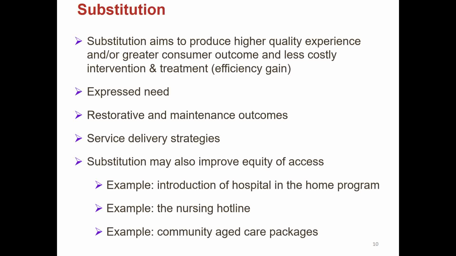An example could be the introduction of a hospital in the home program. So instead of encouraging patients to be hospitalized, we provide services at home. For instance, we provide nursing hotlines, so some patients, instead of going to see a GP or going to the ER, can have some symptoms diagnosed and receive advice, and then self-medication or self-care can be performed to reduce the demand for extra services, such as community aged care packages.